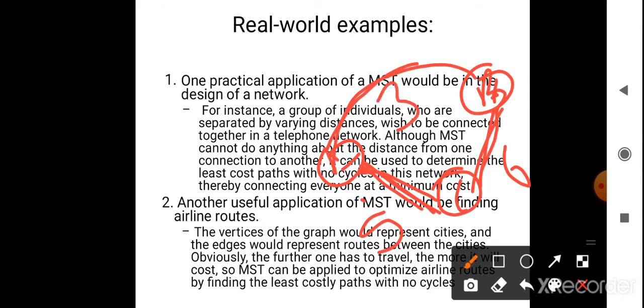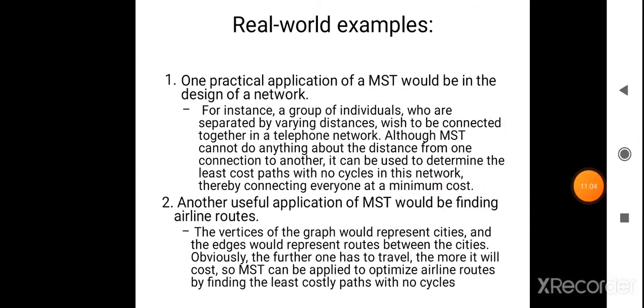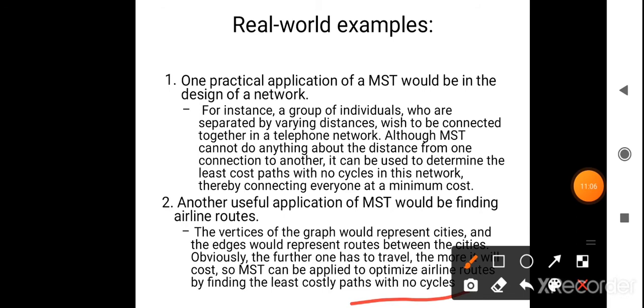We will select this path. So the optimal path will be selected here. So MST can be applied to optimize airline routes by finding the least costly path with no cycle. So it's important that a spanning tree has no cycles.